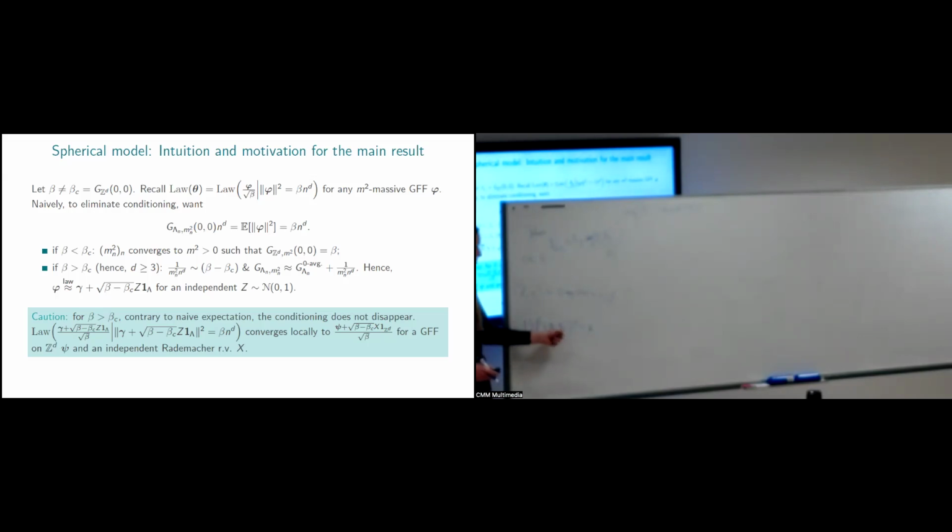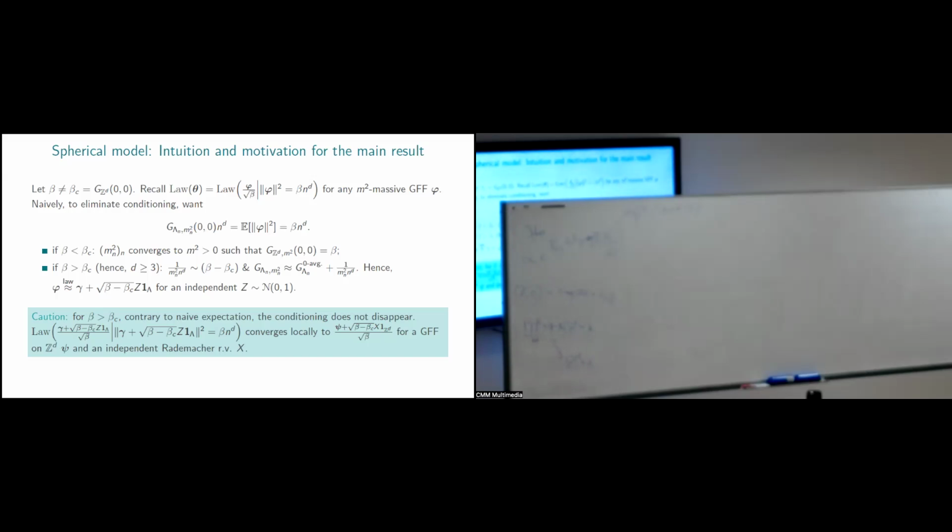So it basically forces Z squared to become constant. And by symmetry, we have to consider a Rademacher random variable. So this is the motivation.